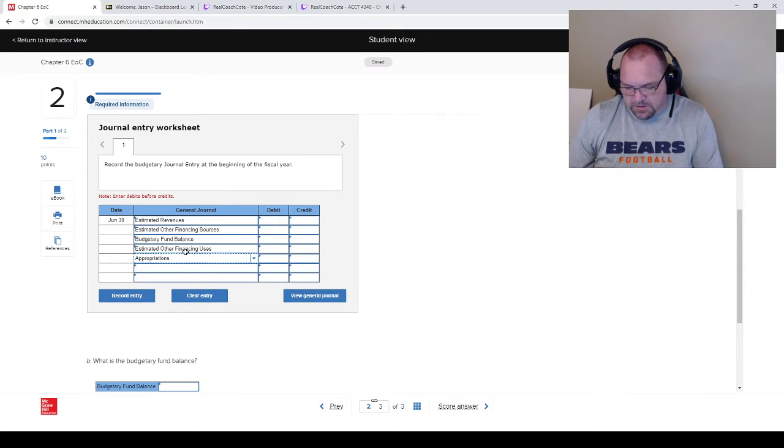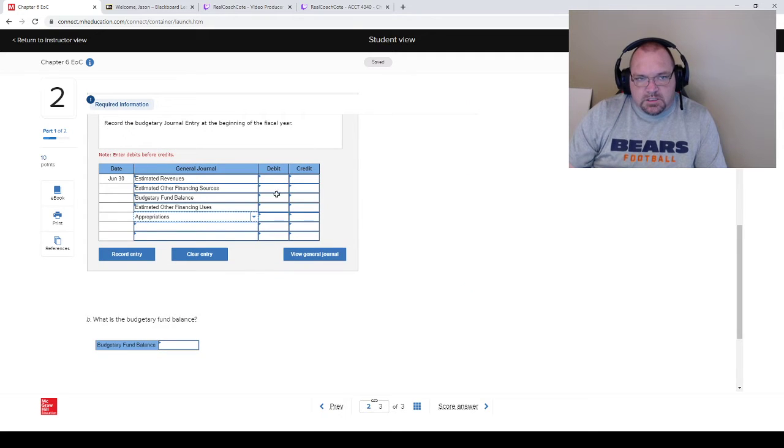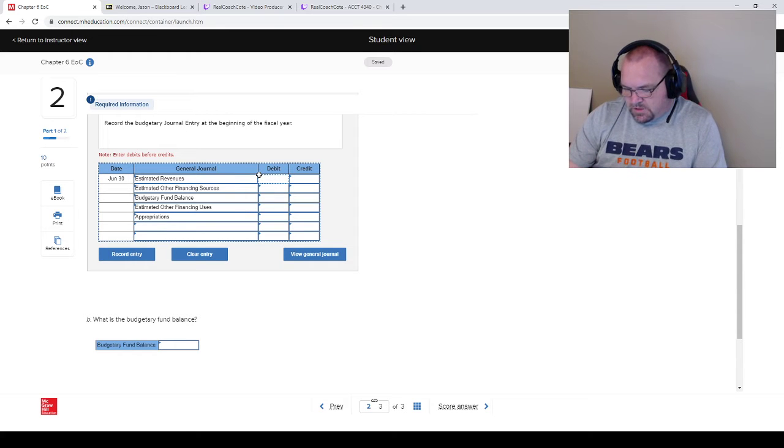I got them on a piece of paper here, so I have to keep scrolling up and down. The debit in the estimated revenues would have been the $7,125,000. Oh, I got them backwards. Let's try it again. My estimated revenues is actually $1,607,500.